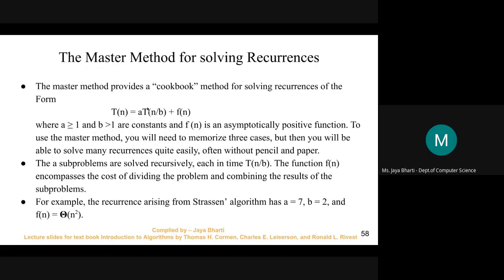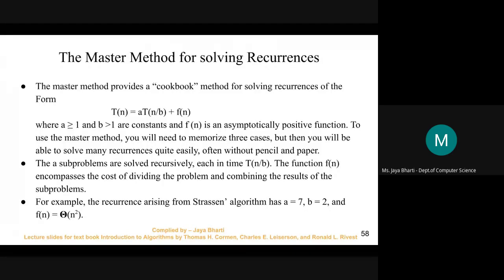Because it is possible that you are dividing the problem into only one subproblem, but it should be of smaller size, then only the division makes sense. So b should always be greater than 1, but a could be equal to or greater than 1.